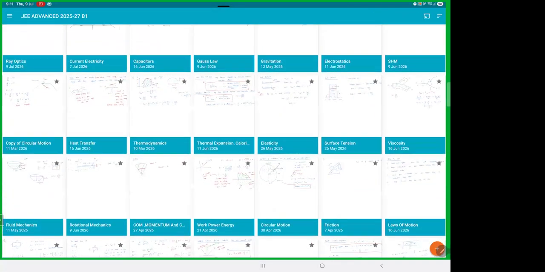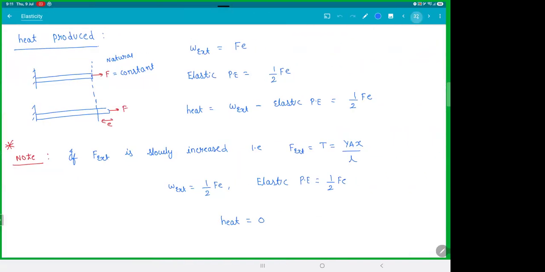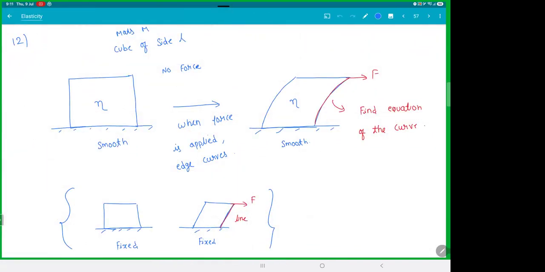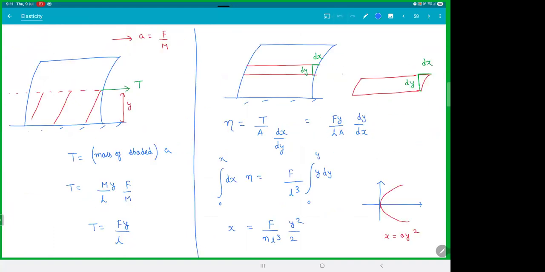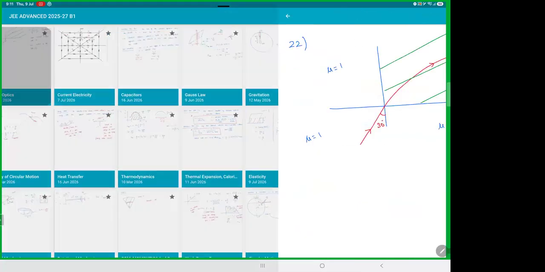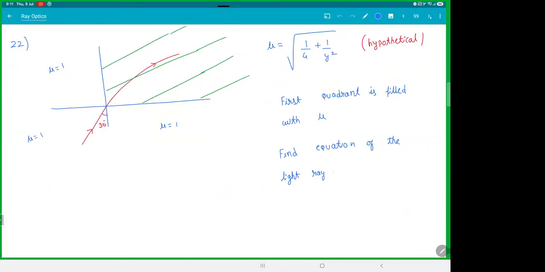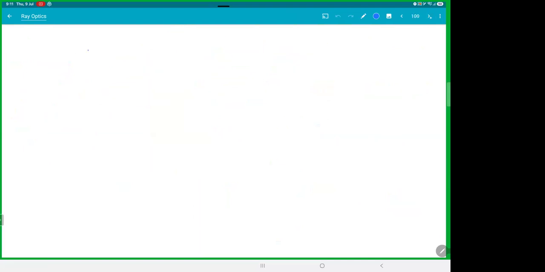The second time you saw something like this was in elasticity. This question, if you remember, find the equation of this curve. Here also we did the same. We got that slope, dy by dx, and we got this. So the theme is always the same. Somehow I need to get the slope of a tangent, and then figure it out. So this is how it would look.